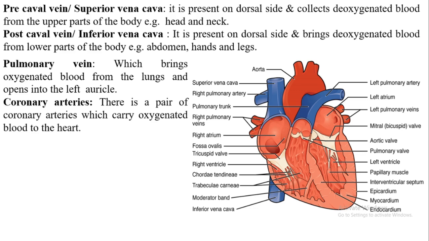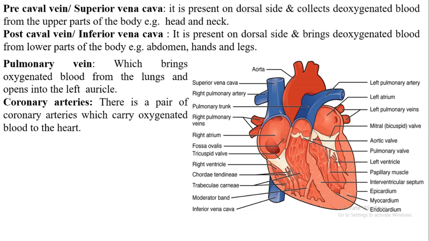So for the working of the heart, the cardiac muscle also needs oxygen and glucose, all the nutrients. The supply of these nutrients, oxygen and glucose to the heart muscle is conducted through a particular system called the coronary system. For that purpose, the blood vessels which carry this blood up to the wall of the heart are called coronary arteries, and the blood collected from the heart wall is through coronary veins.